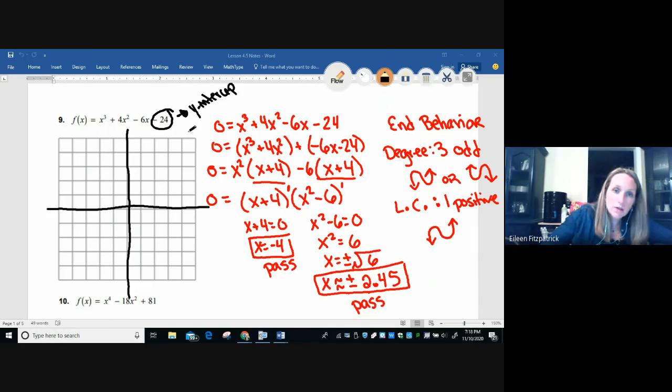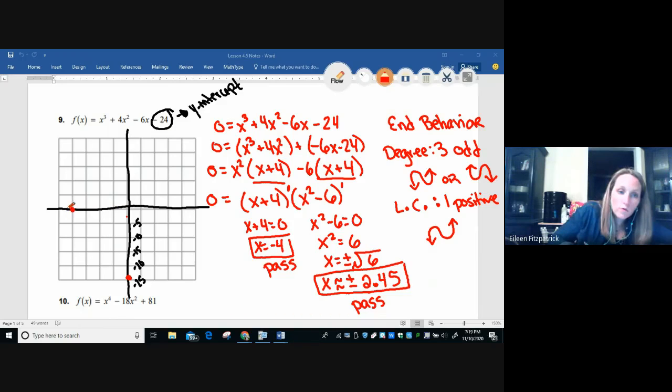I could change my scale and count by 5s, -5, -10, -15, -20, -25, and I could plot a point at approximately -24 to represent my y-intercept. Okay, and then my x-intercepts, my roots, my solutions are -4, 1, 2, 3, 4.